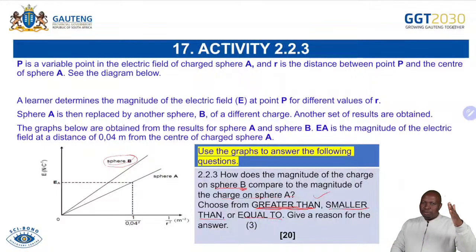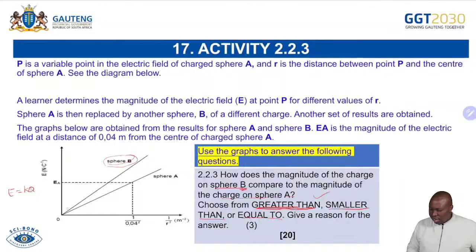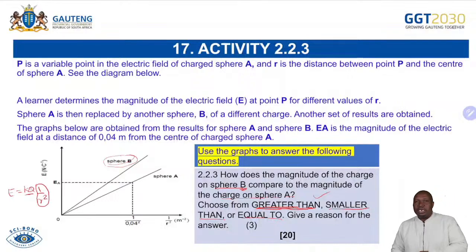The gradient is becoming steeper, which shows that the gradient increases, which will only mean, remember we said this graph is a graph of E equals KQ, which we said is our gradient, times 1 over R squared, which is our x. So in the x, we're having this, and our gradient is this one. So it means now for sphere B, we're having an increase. Remember the relationship between E and Q.